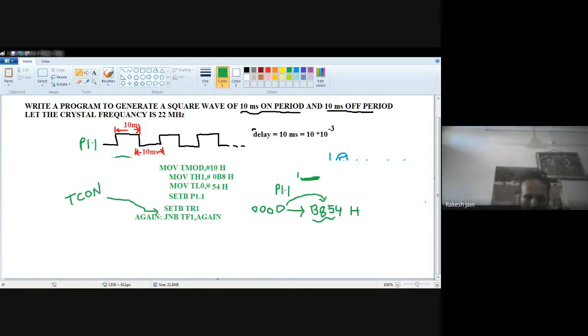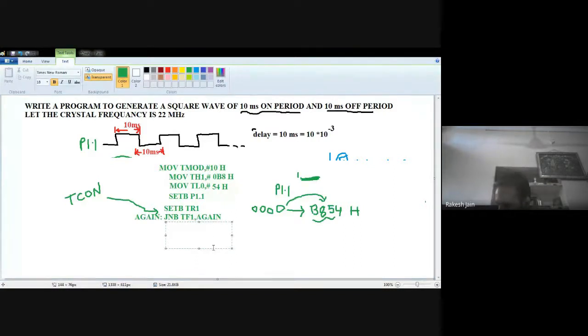So what we want now, first of all, we clear the timer register, that is, clear TR1, and clear the flag bit. So again put them as 0. So clear the timer. Now what do we want? We want 0 now.